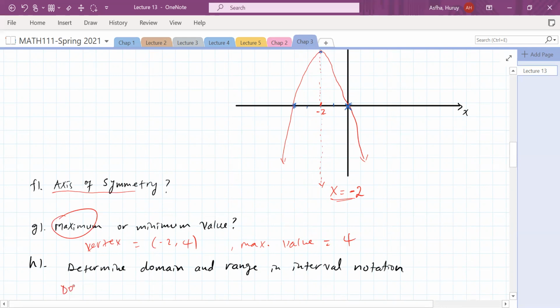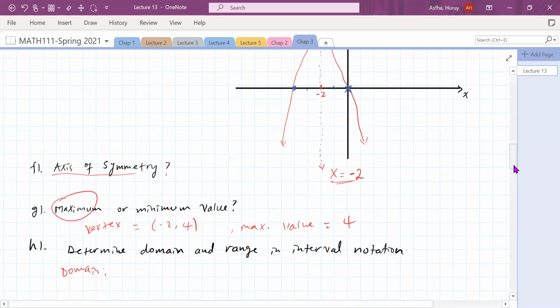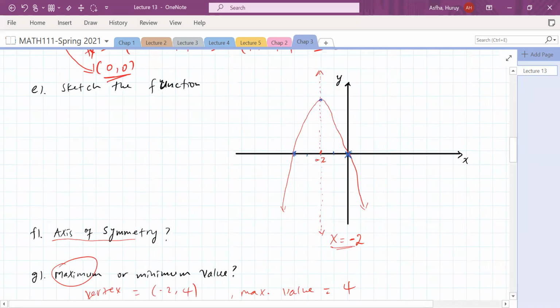And how about the domain? So just look at this graph. Domain means the x values, or you can look at the function itself. But by looking at this graph, if you take this forever, it's not getting narrower and narrower, it's getting wider and wider. So does it have any restriction on the horizontal x values?